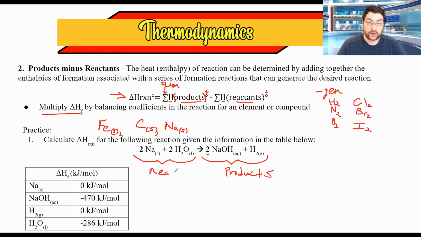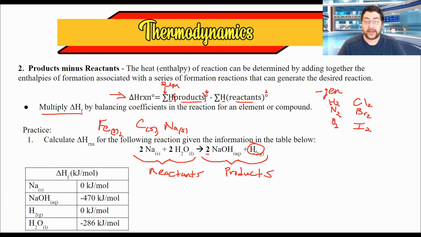We're gonna start with the product side. Okay, so we've got hydrogen over here on the product side. Remember, that's a diatomic molecule, so look down here in the table, 0 kilojoules per mole. I won't always give that to you, so you do need to remember that free elements and diatomic molecules have 0 heat of formation associated with them.